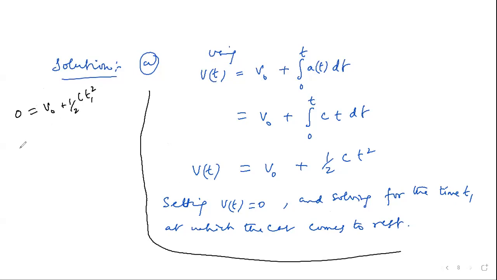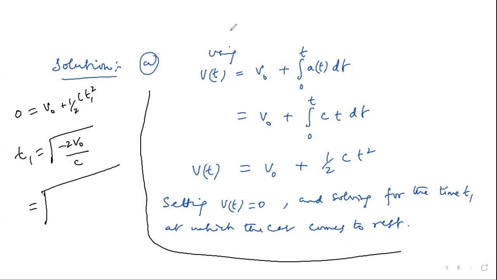When I solve for t1, it will be under root minus 2 v naught by c, right? Because when you take this v naught to left hand side, it will be minus v naught, then 2 will come upstairs, it will come to minus 2 v naught, then c will come down, then there will be a square root. Substitute the values.